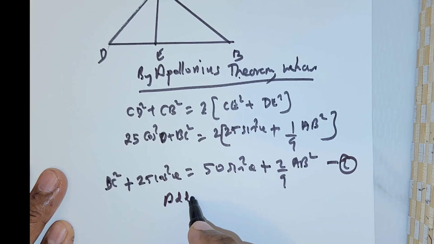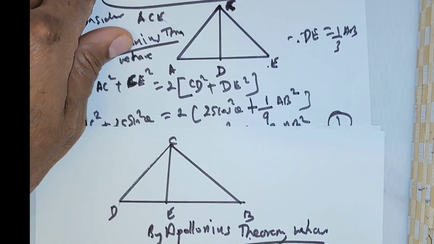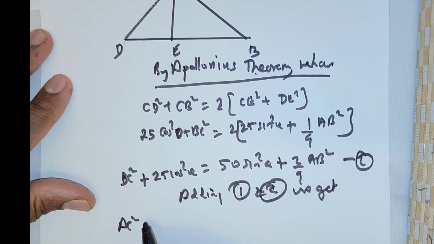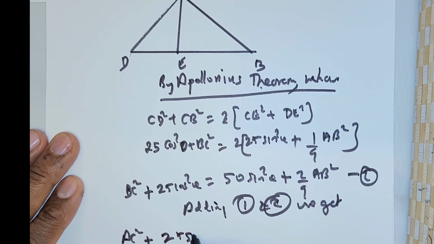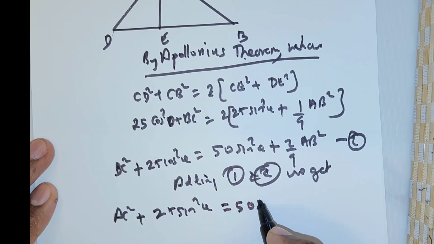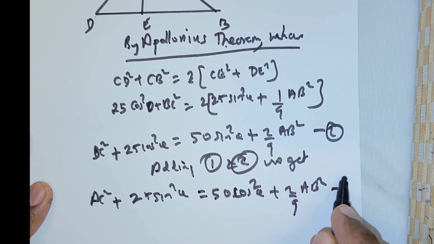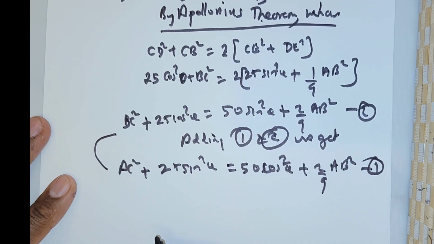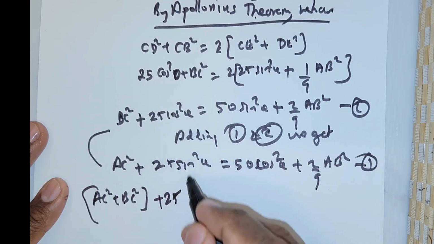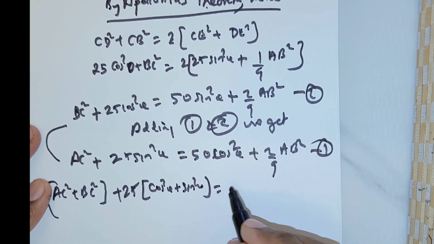This is 2. I'm going to be adding 1 and 2. So what is 1? AC squared plus 25 sine squared theta is equal to 50 cos squared theta plus 2/9 AB squared. This is 1. So you add these two together, what do you get? You get AC squared plus BC squared. 25 is common. You take it out, you get cos squared theta plus sine squared theta.